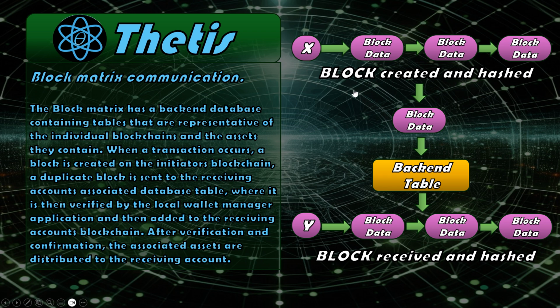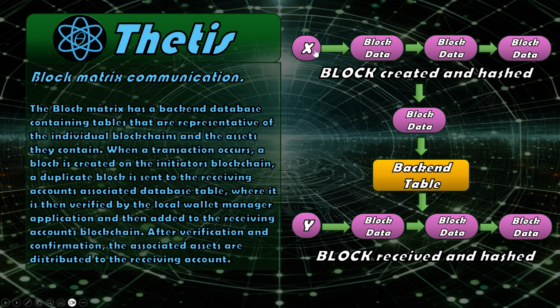When he does a transaction or interacts in any way with his blockchain, a block is created and hashed onto his side. This same block is then duplicated. So this is a duplicate block here. And this block is sent to a backend table where blockchain Y is waiting, looking for things. It's always looking to see if there's new data coming into its backend table.